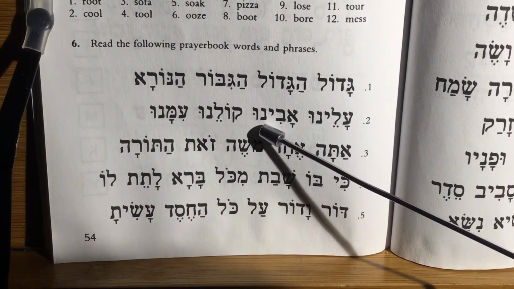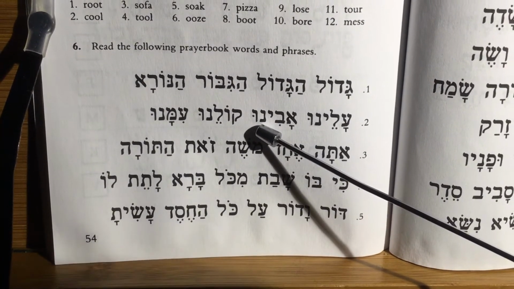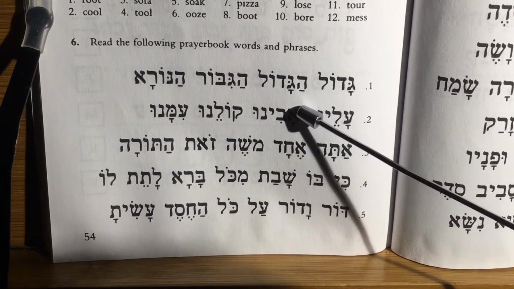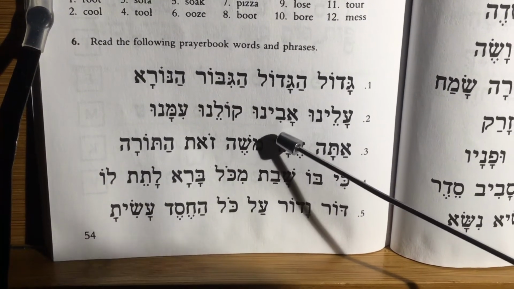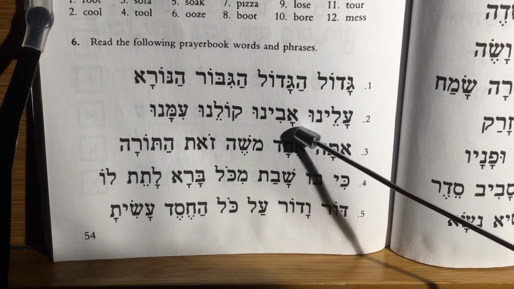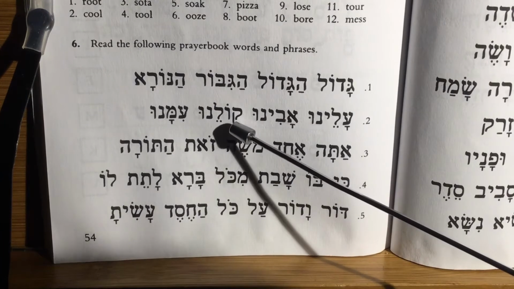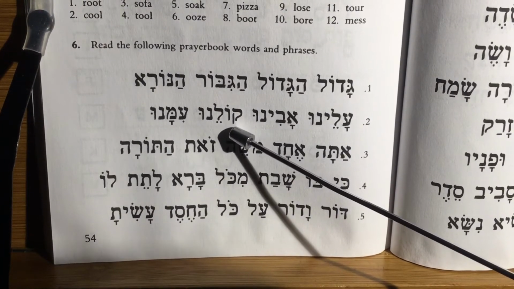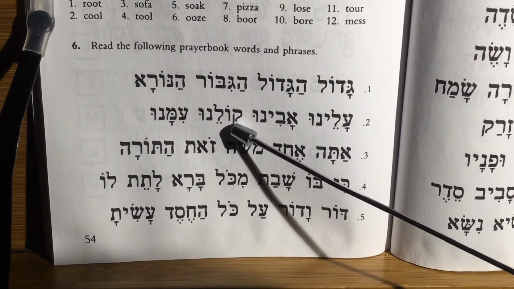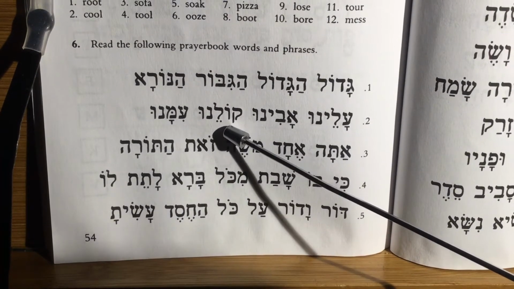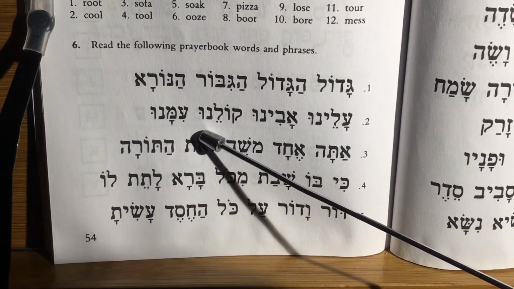It's a long E. And then you have your nun and your shuruk. And so you blend all these consonants. All you do is consonants and vowels together to make your sound. Okay. So this is avinu, and this is a kuf, or you can say a K or Q. So kol alenu.